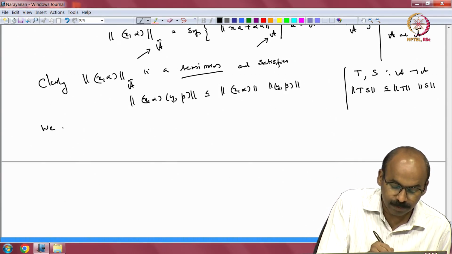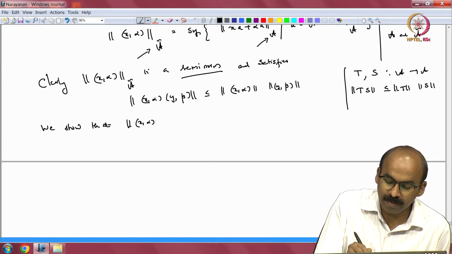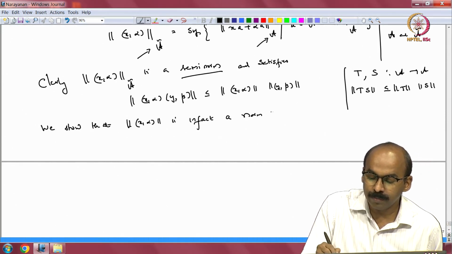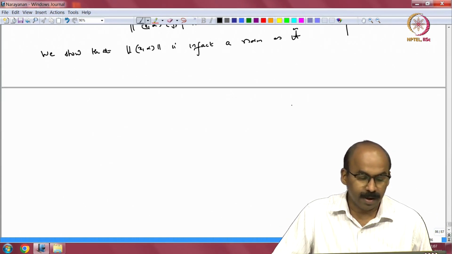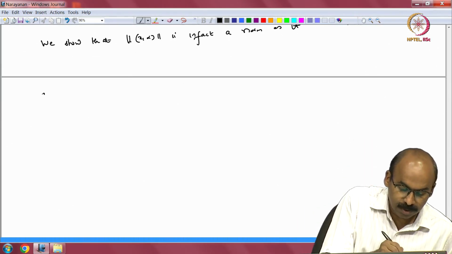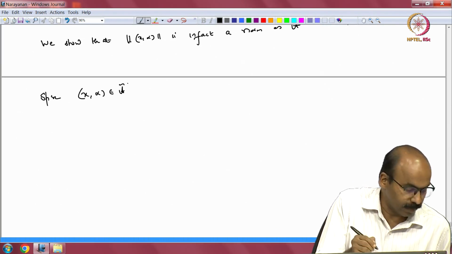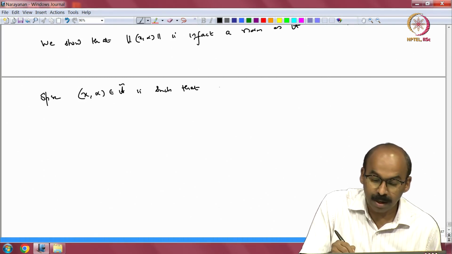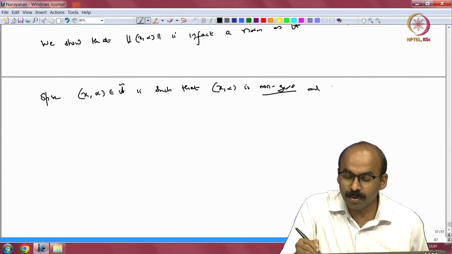So, okay. So, we show that norm x alpha is in fact a norm on A tilde. Okay. So, I have dropped the subscripts of A and A tilde and so on. Okay. So, suppose x comma alpha is in A tilde, such that x comma alpha is non-zero, and I am trying to prove that this is a norm.